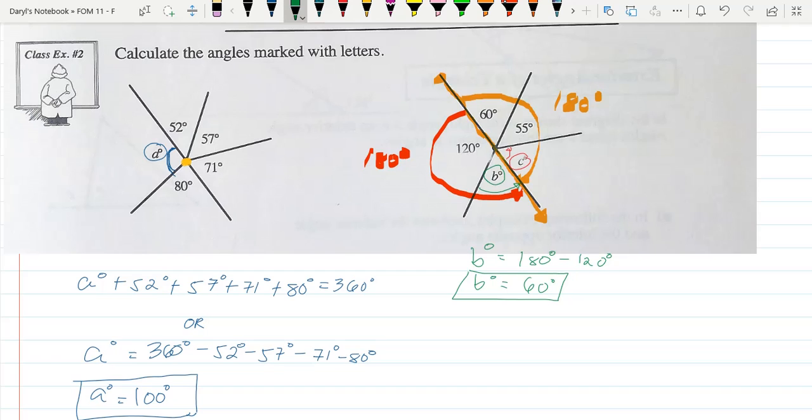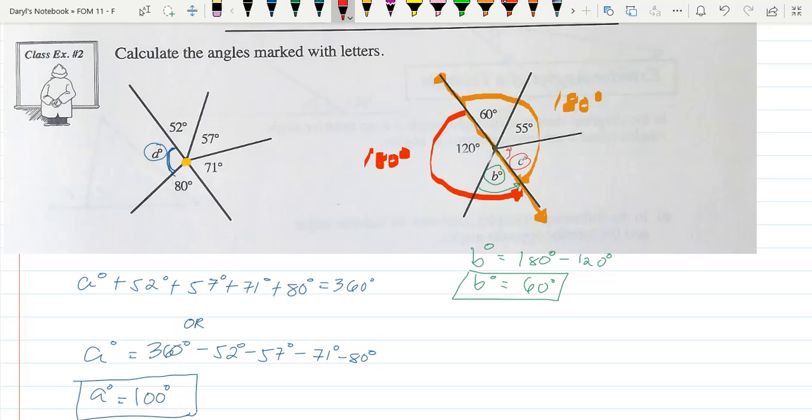If that is 60 degrees, what is the measurement of angle C? Well, you have several options here, because now you know angle B is 60 degrees. I can make use of 60 plus 55 plus C is 180 degrees, the same thing as B plus 55 plus C is 180 degrees.